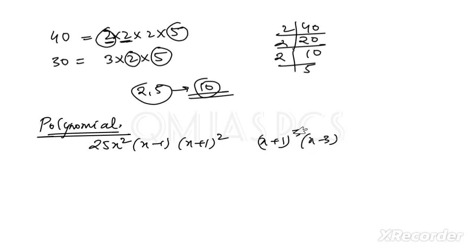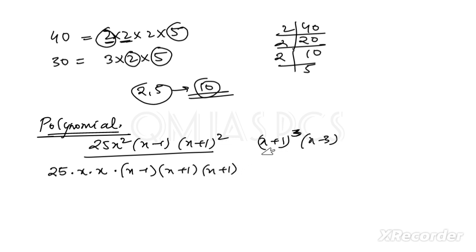So we just factor these. You can write 25 here, then x multiplied by x, then x minus 1, where the dot is multiplication, and here x plus 1 and x plus 1. For the second, x plus 1, x plus 1, x plus 1, and one more thing, x minus 3.